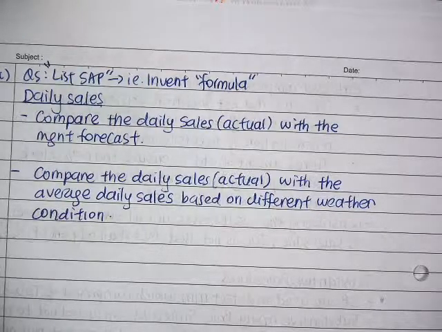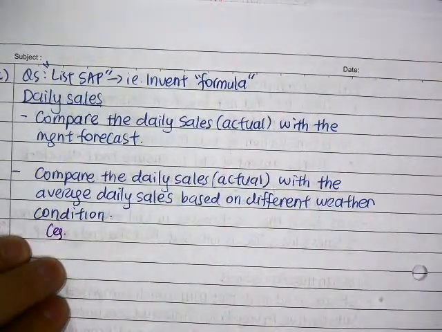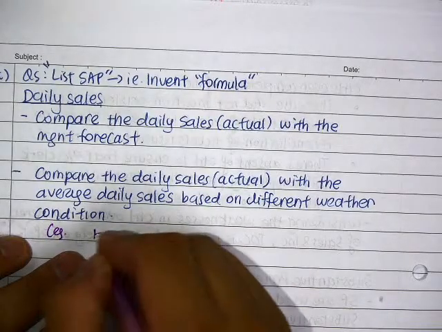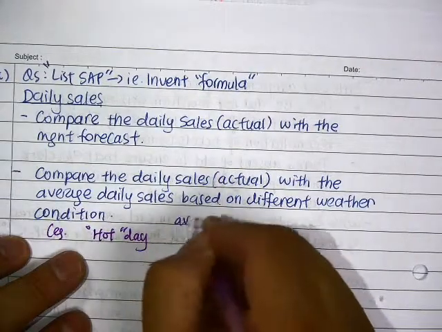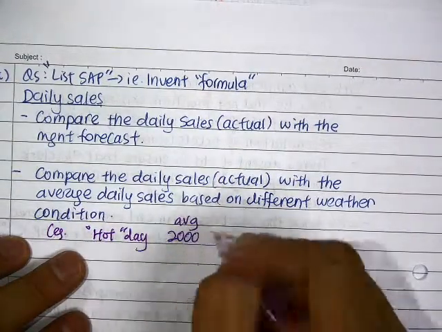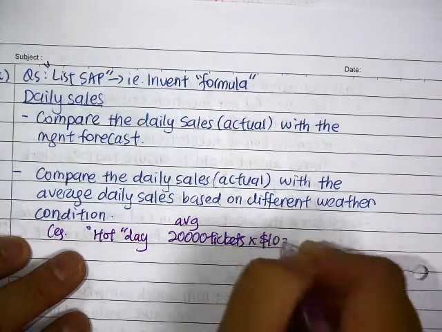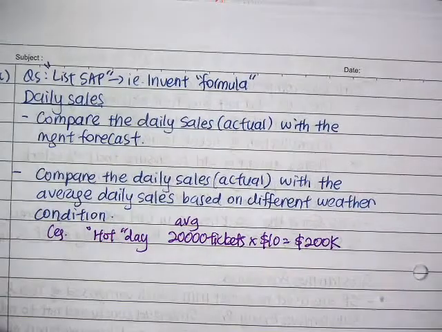Okay, now so what I'm trying to say is, I'm just giving an example to explain to you my point. Maybe when the weather is hot, on average you get about, let's say, 20,000 tickets times $10. So your daily sales is $200,000.